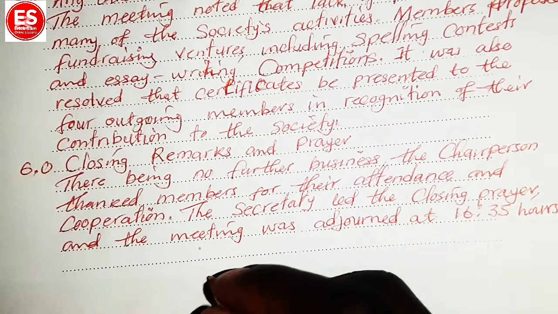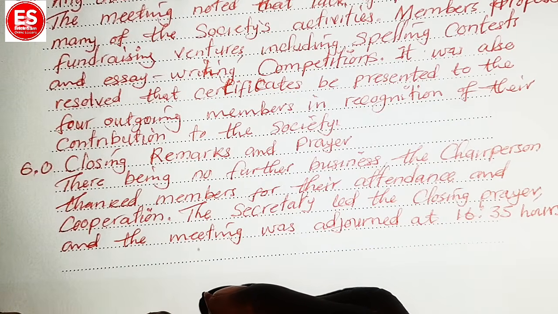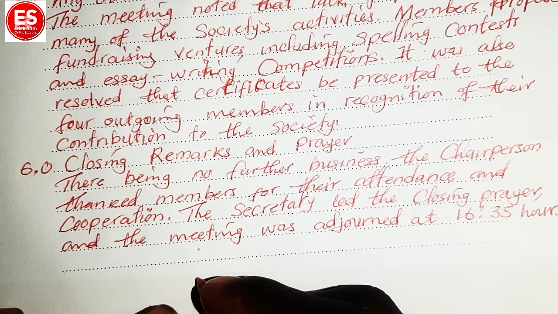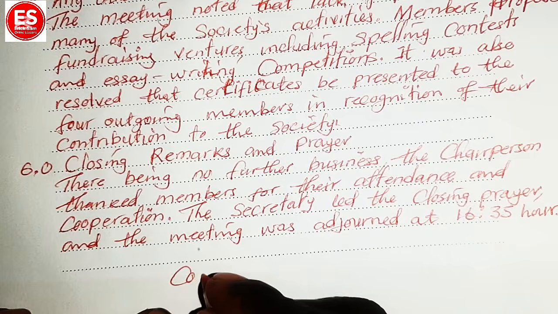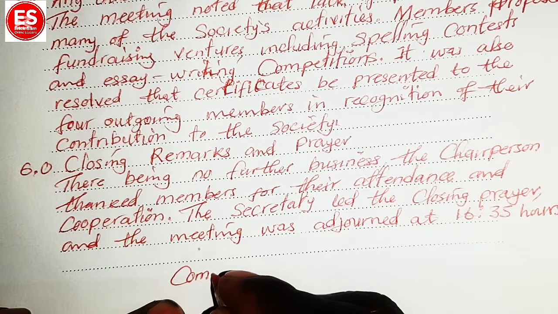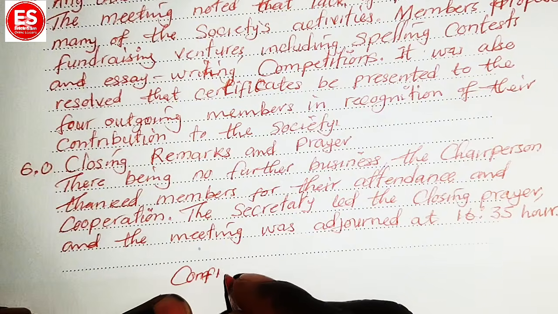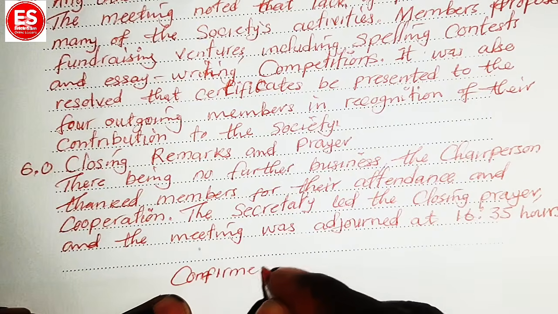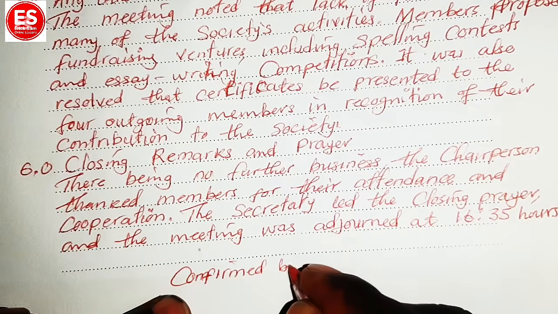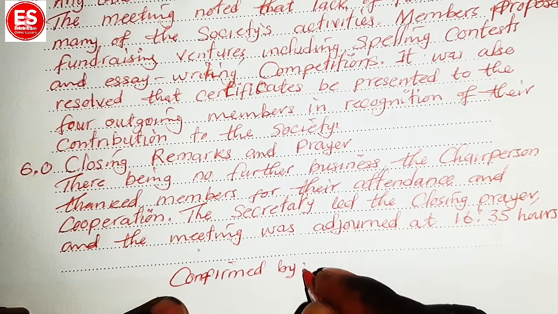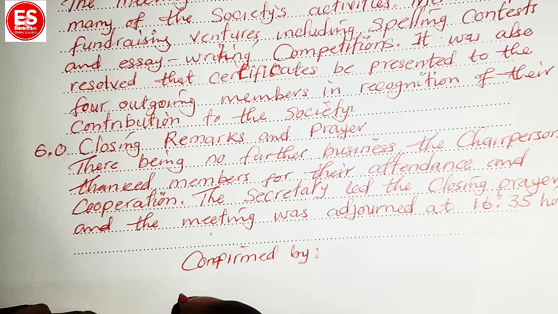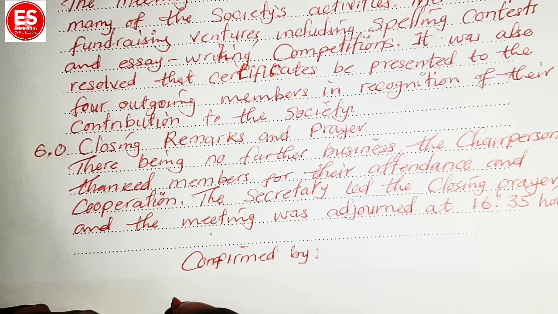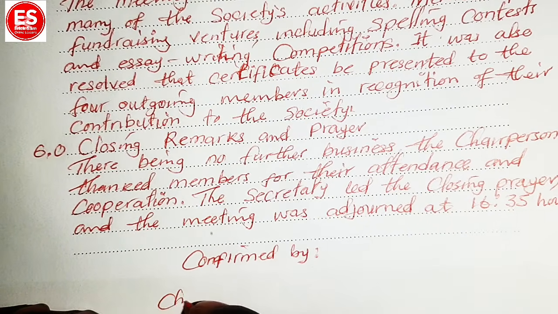Now that you've done writing, this is the last part. Now you can confirm by saying confirmed. You can write down here confirmed by, okay, secretary. Now you write your title here, chairperson.